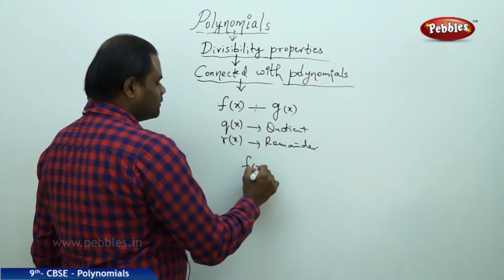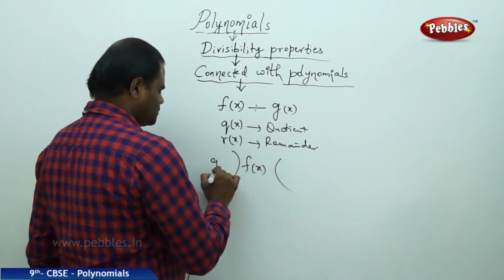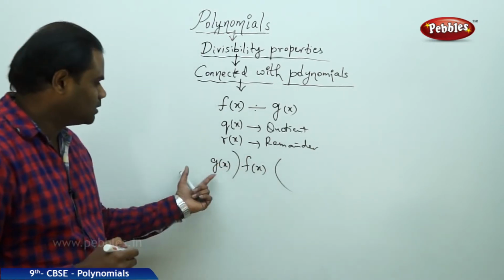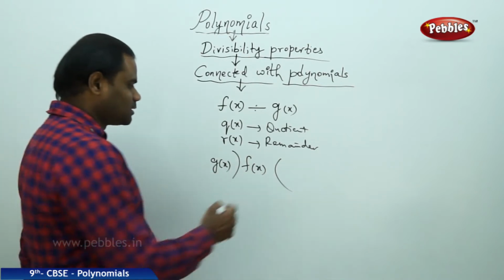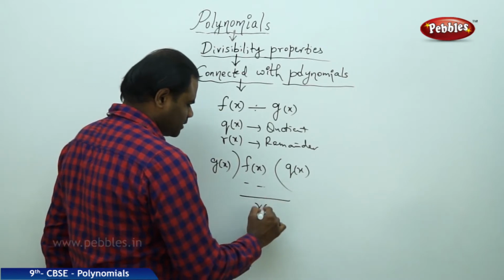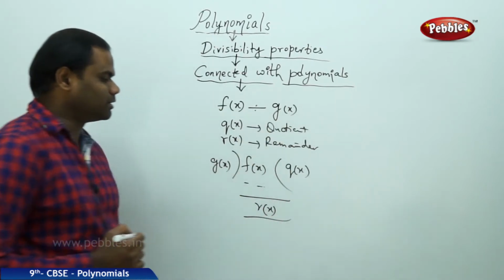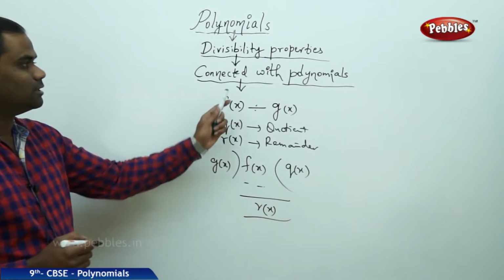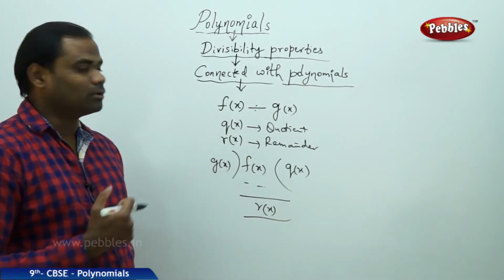That is, when I divide the polynomial f of x with g of x, I get my quotient, which is q of x, and I get my r of x, which is the remainder. This is how we understand the divisibility connected with polynomials.